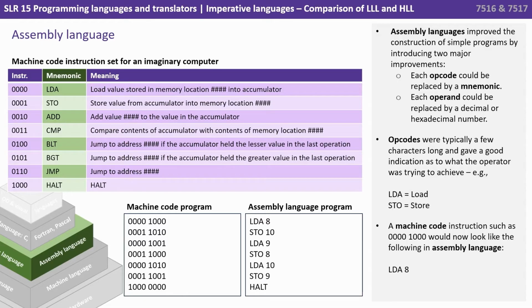Opcodes were typically a few characters long and gave a good indication as to what the operator was trying to achieve. For example, the mnemonic LDA was for the load instruction, STO for storing. A machine code instruction such as 00001000 would now look like the following in assembly language: LDA 8.